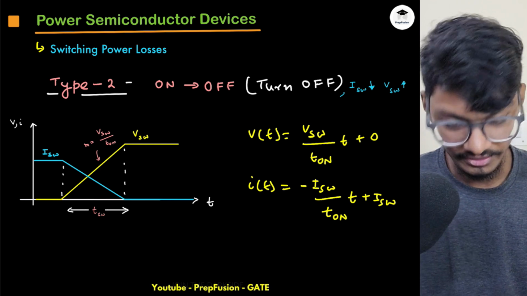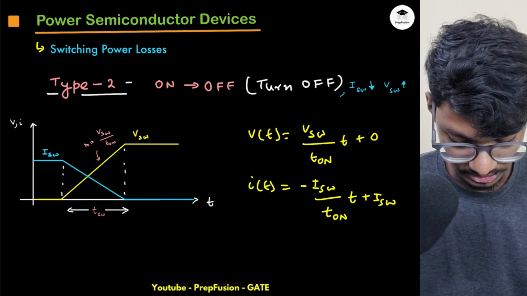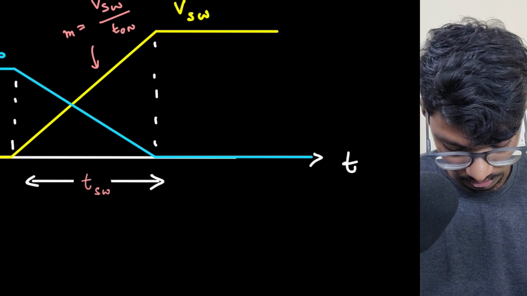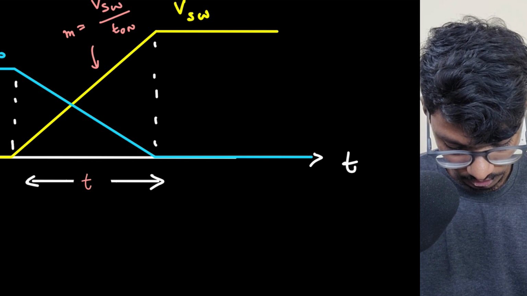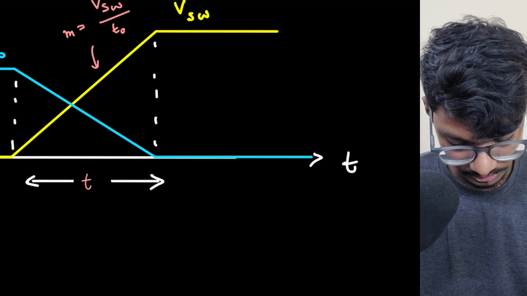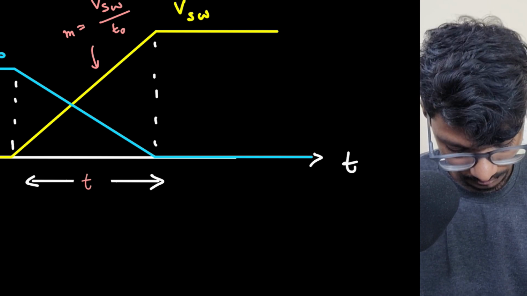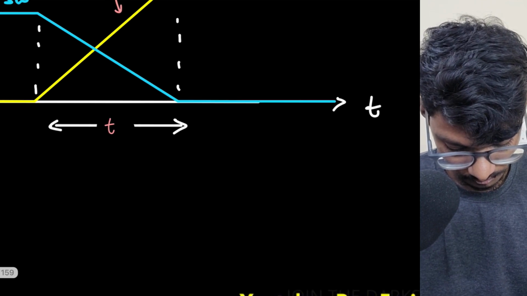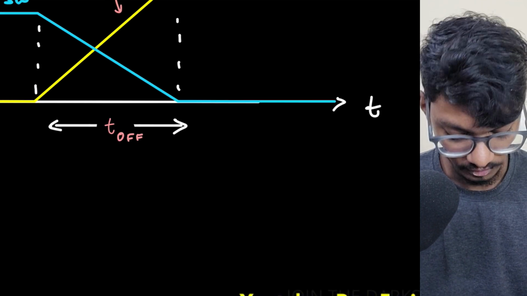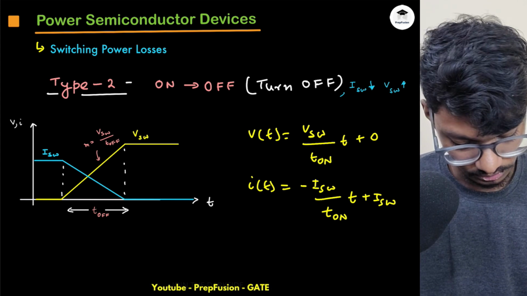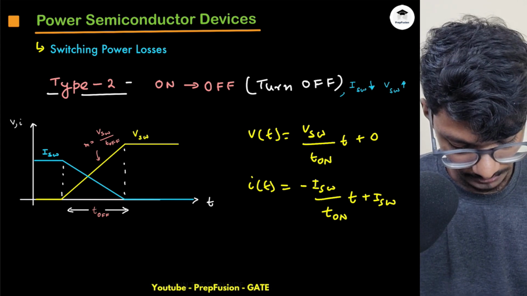Okay, now if I do the same computation again, sorry, this will not be t on this time, this will be t off, that is my mistake, because it is the time taken for it to turn off, not on. So all this will be t off actually.